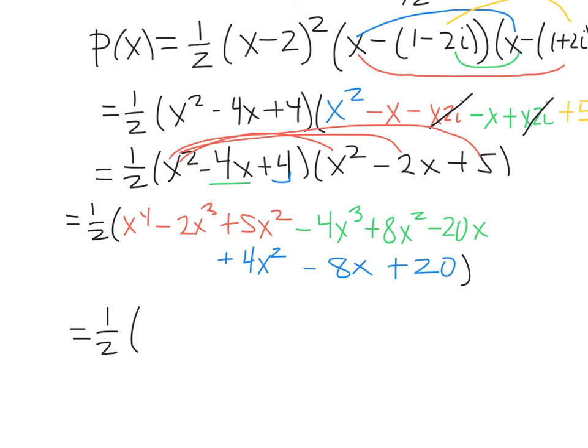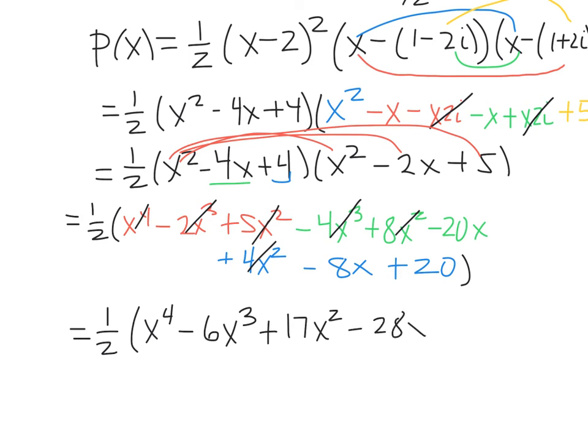So we have an x to the 4th. All right, we got that one. Our x to the thirds, we've got negative 2 and a negative 4, so minus 6x cubed. So we got those. X squareds, we've got 5, 4, and 8, so adding those together, you get 17x squared. So we got the x squareds. The x terms, we have a minus 8 and a minus 20, so minus 28x, and then finally plus 20.